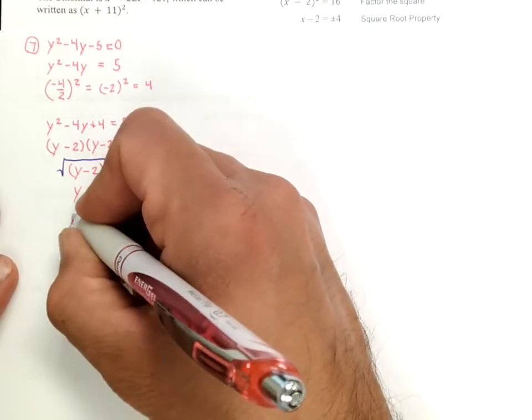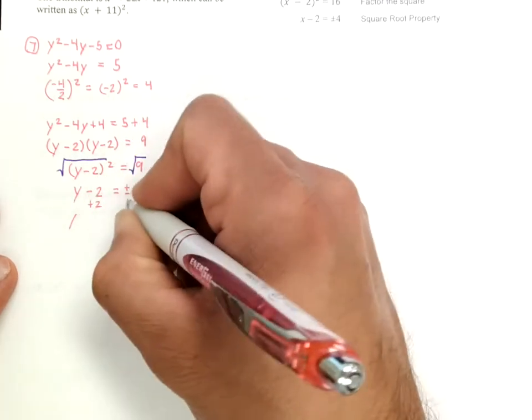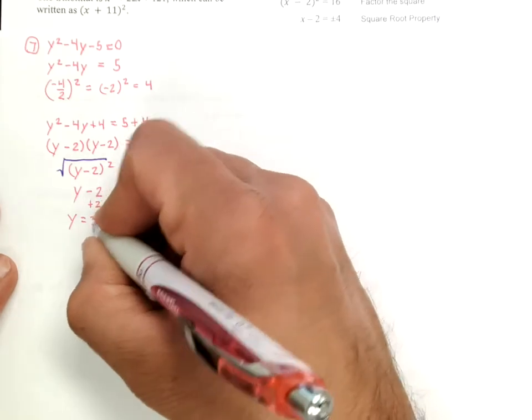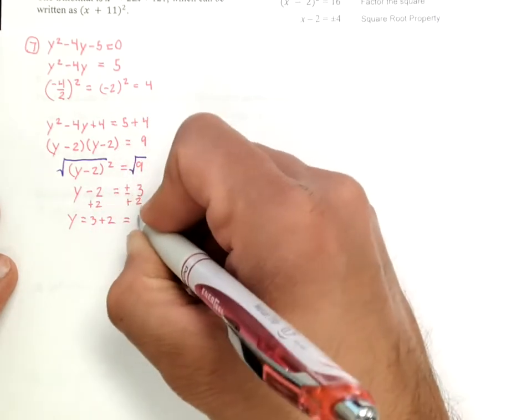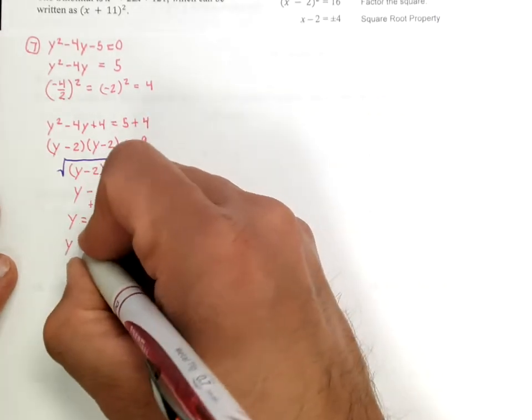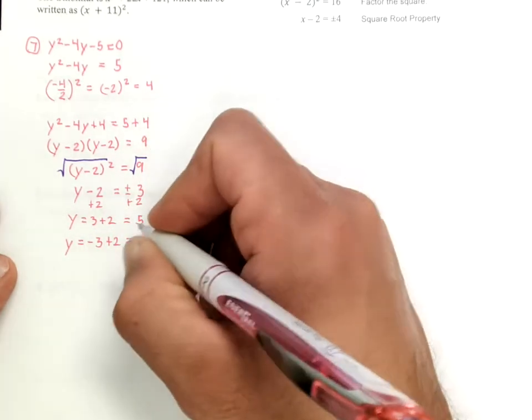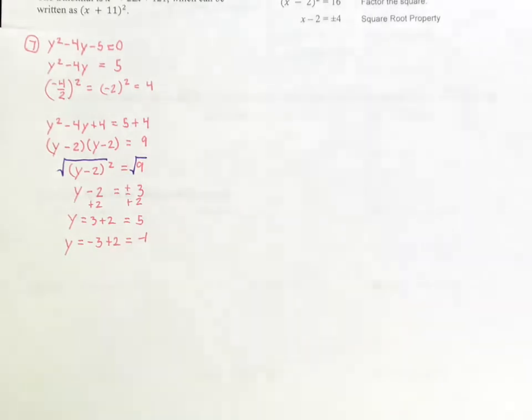So I'm going to add 2 to each side. I have one answer that's y is equal to 3 plus 2, which is 5. And I have another answer, which is y is equal to negative 3 plus 2, which is negative 1. So that's basically how you solve a quadratic using the completing the square method.